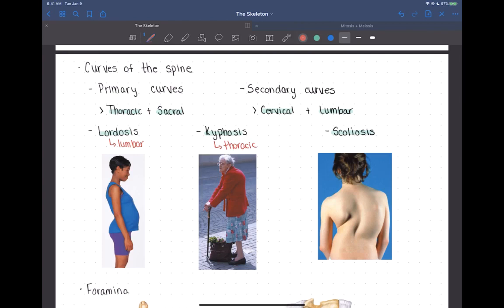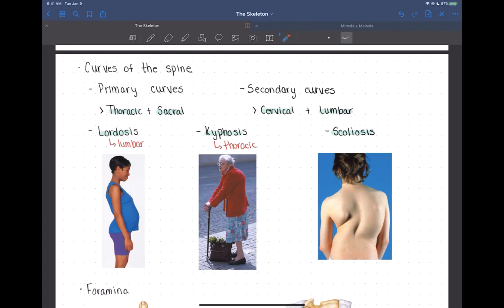A lot of times, lordosis is referred to as swayback, with the lumbar spine. So swayback, hunchback, and then you have scoliosis. Scoliosis is a curvature of the spine that is not in line with the regular curves. It's going more left to right, not anterior and posterior. So it's a curvature of the spine in this way. That's scoliosis.